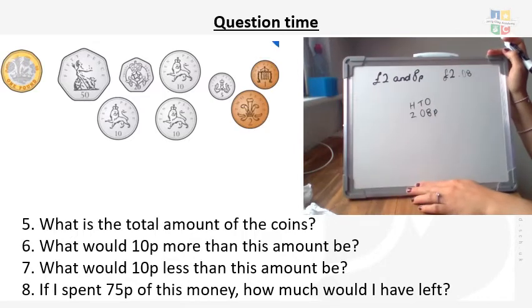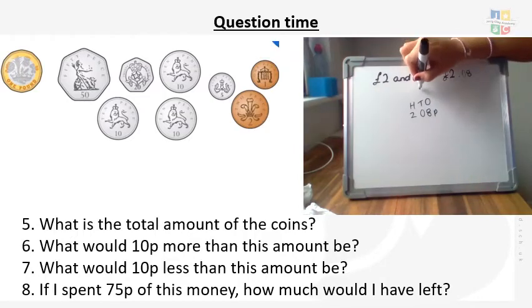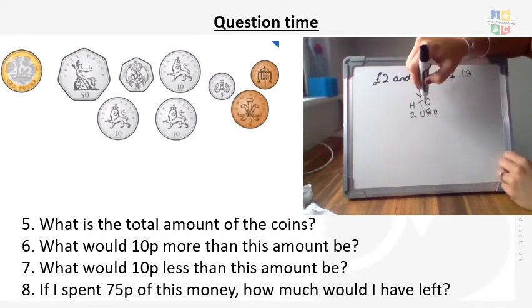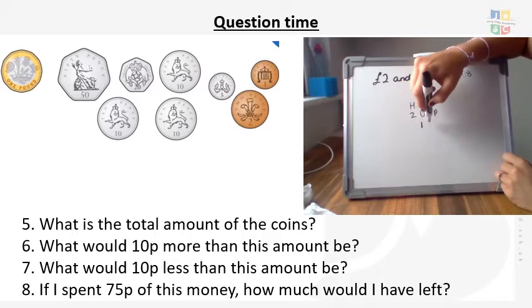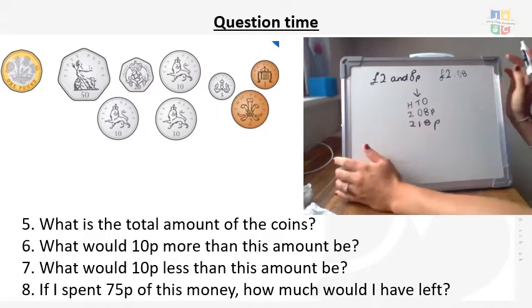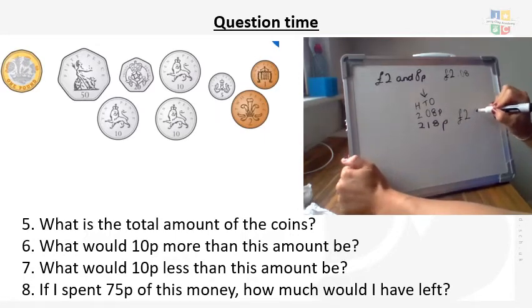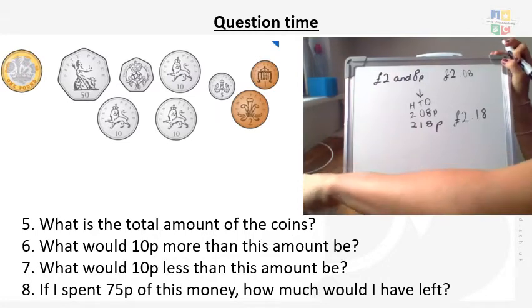Now if I want 10 more, I will look in my tens column and I've got 0 tens, I want 1 ten more. So 0 add 1 is 1, and then I can write in my other numbers. So your 10 pence more would be 218 pence, and as there are 100 pence in a pound, that would be £2 and 18 pence. So that would be 10 pence more.